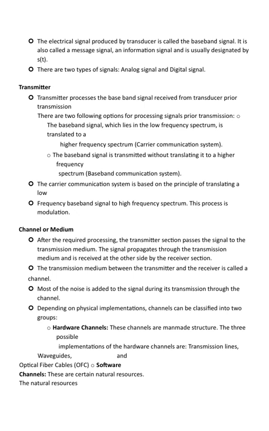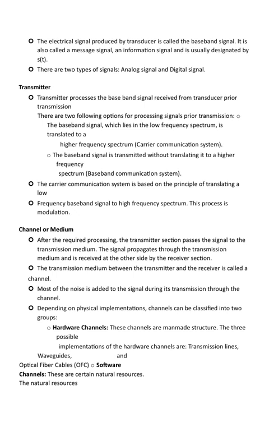The channel or medium. After the required processing, the transmitter section passes the signal to the transmission medium. The signal propagates through the transmission medium and is received at the other side by the receiver station. The transmission medium between the transmitter and the receiver is called a channel. Most of the noise is added to the signal during its transmission through the channel.